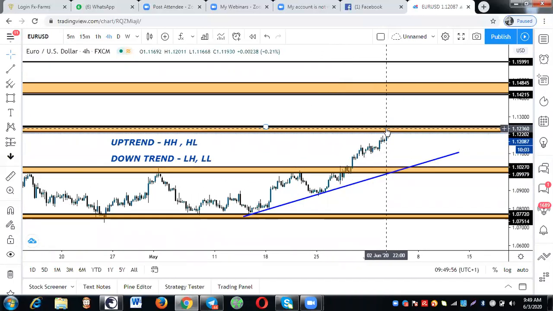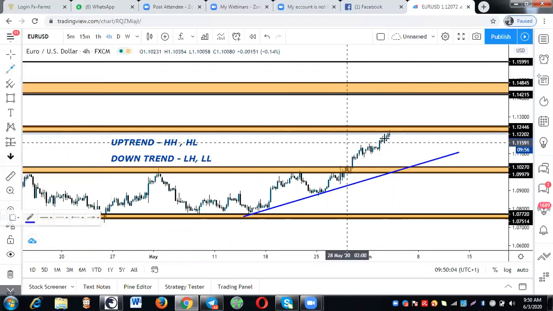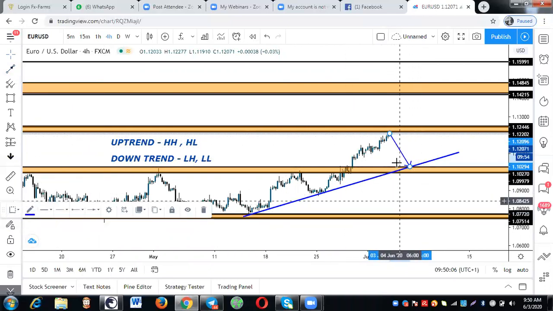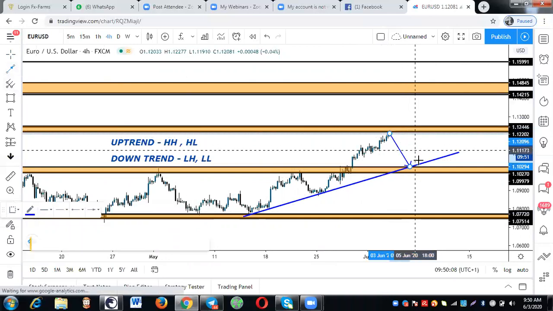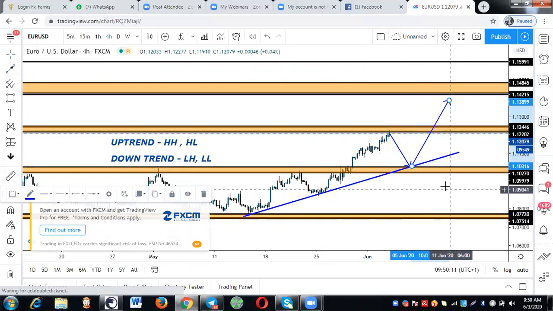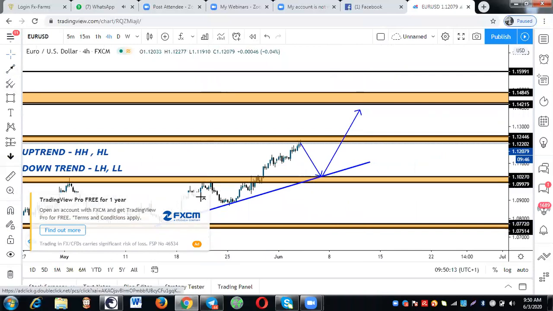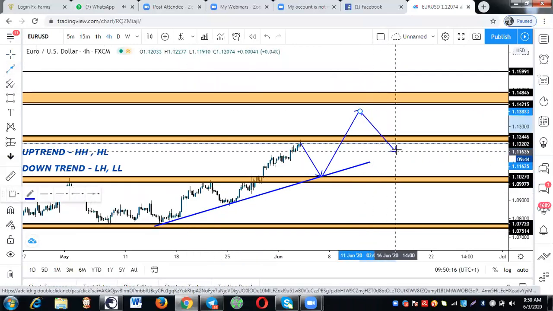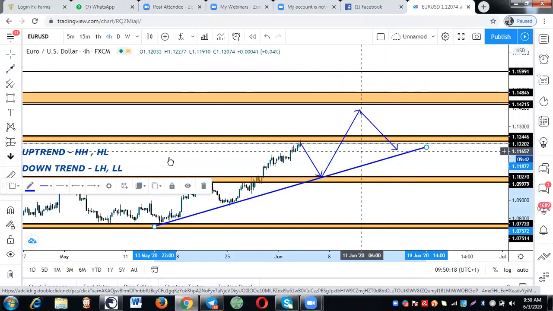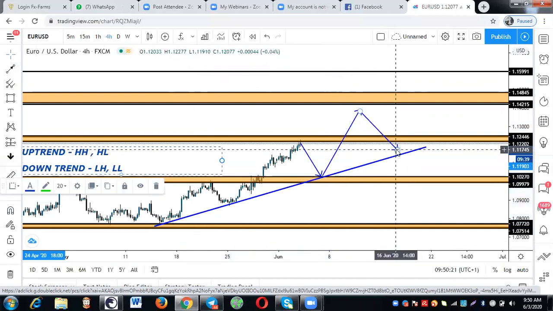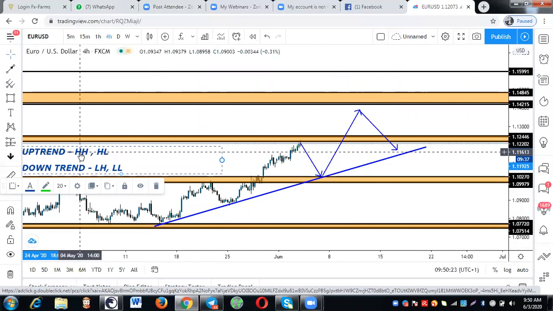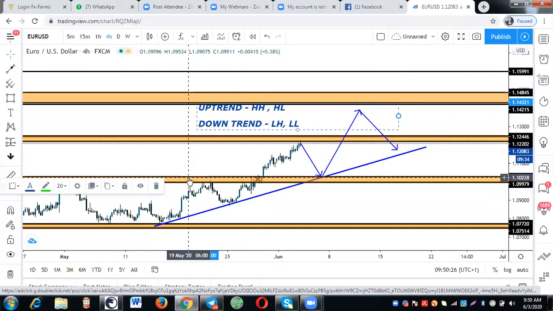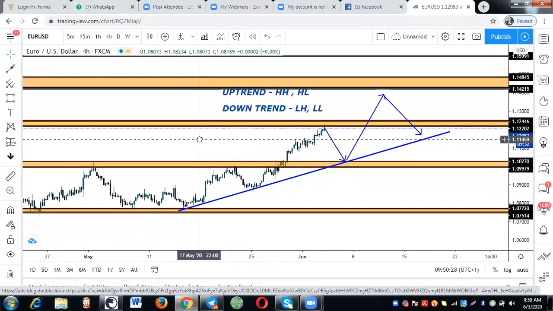We have a higher high, and then if price comes to this particular zone and doesn't break down, we're going to have a higher low. Then if price goes back up here again, we're going to have a higher high, and if price comes back down here, as long as this is higher than this, we're going to have a higher low. All right, so the uptrend is a higher high and higher low, while the downtrend is a lower high and lower low.